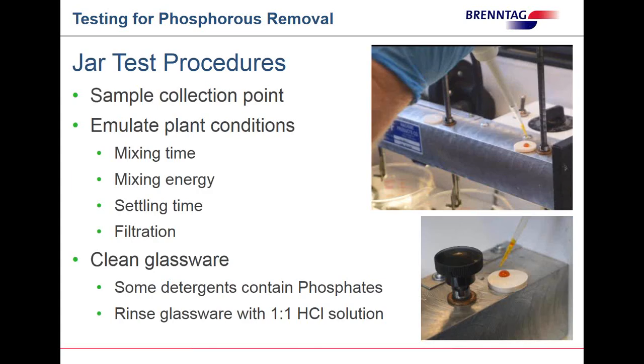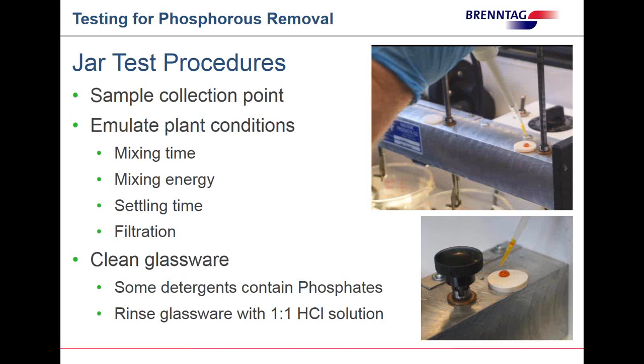So jar test procedures for phosphorus removal. What the analyst wants to do is collect samples where you expect to treat chemically in the plant. Try and emulate plant conditions as closely as possible. This includes mixing energies, detention time, settling, filtration, etc. And the labware used in testing must be free of contaminants.